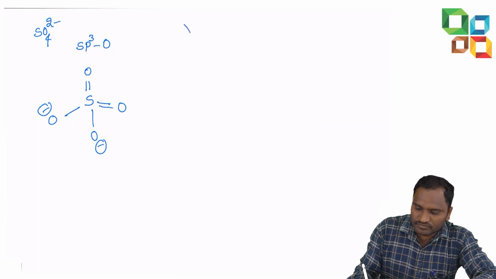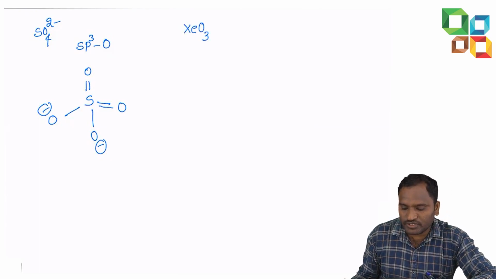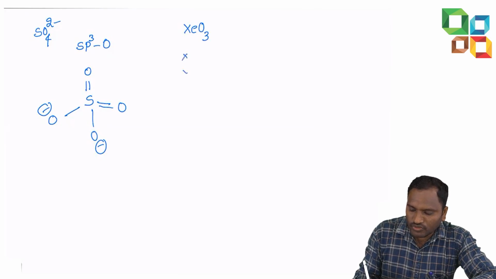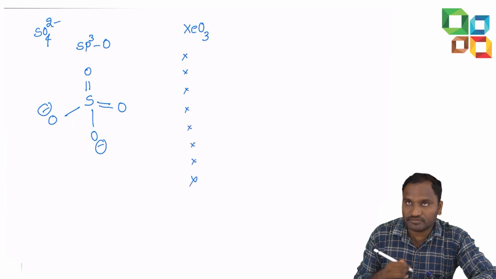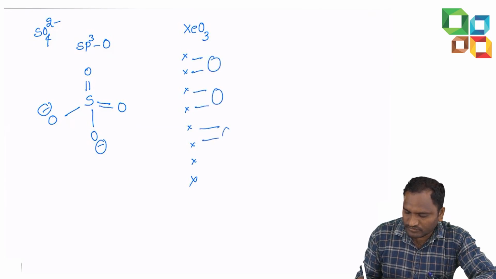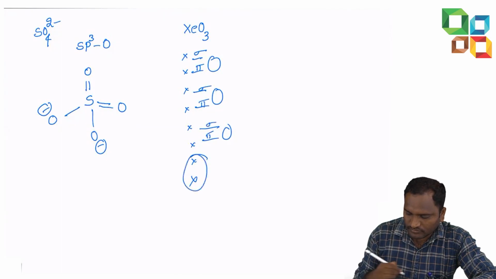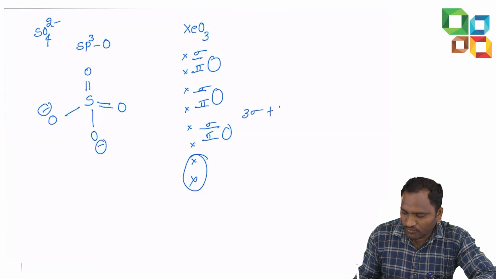XeO3, they asked the structure and shape. Xenon has 8 valence electrons. Each oxygen is forming 2 bonds. So here 3 sigma bonds and 1 lone pair, total 4.